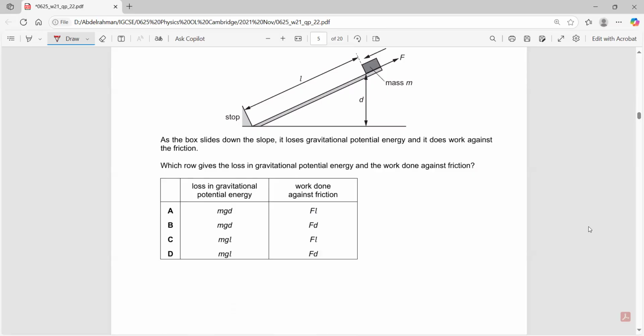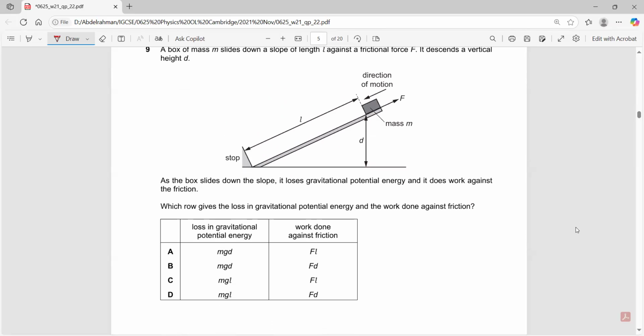Gravitational potential energy is mgh, mg times the vertical height, which is d, so mgd. What about the work done against friction? Force times distance moved, and the distance moved is L. So it is A.